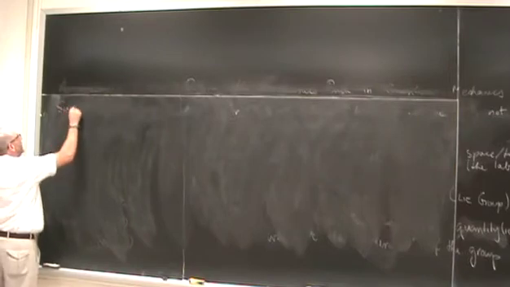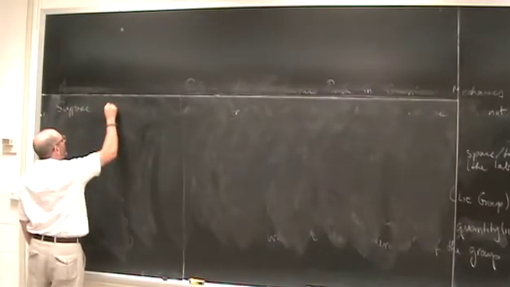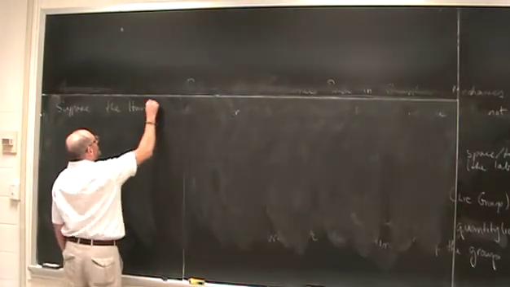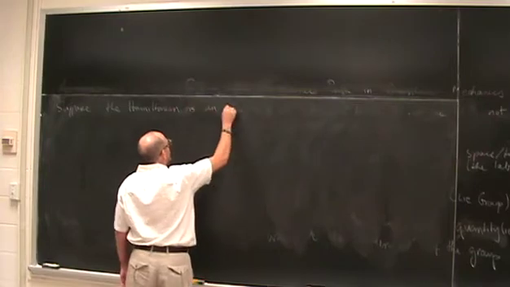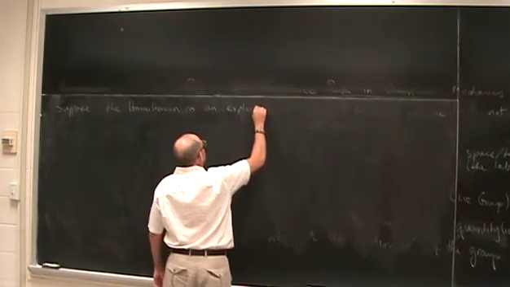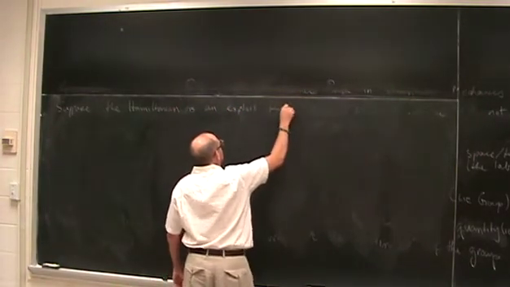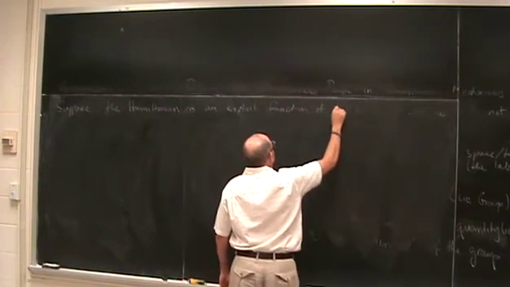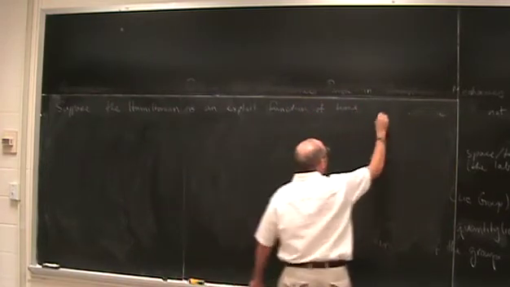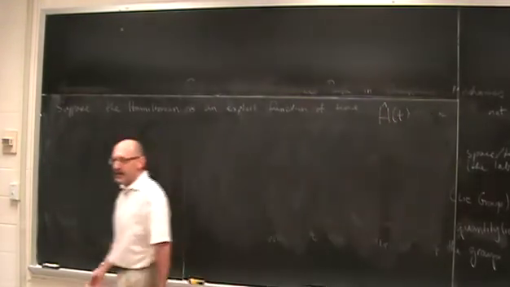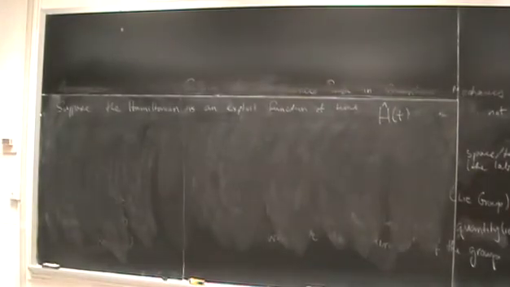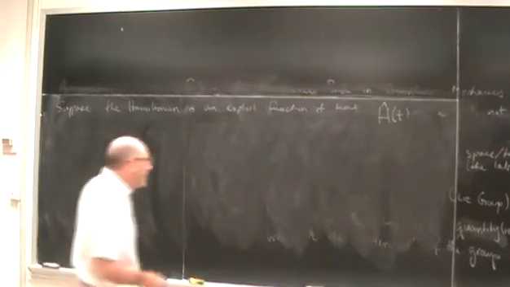Suppose the Hamiltonian is an explicit function of time. It's a little bit of a weird thing anyway. What does that mean? How could that possibly be? Yeah. Maybe it's the magnetic field changed in time? Right. Good. It's a good example.